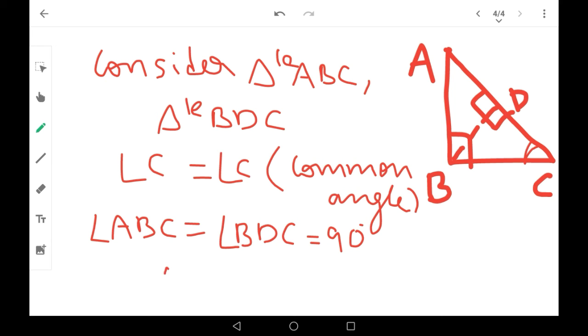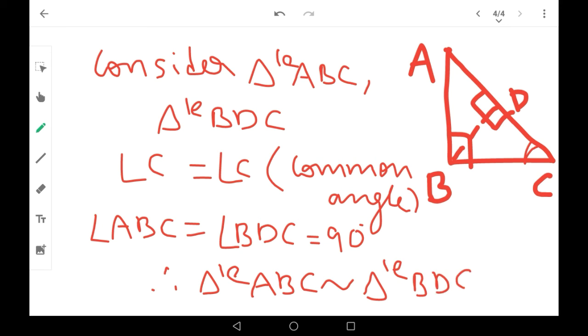Therefore, by AA similarity, I can say that triangle ABC is similar to triangle BDC. So I have proved that triangle ABC and triangle BDC are similar.